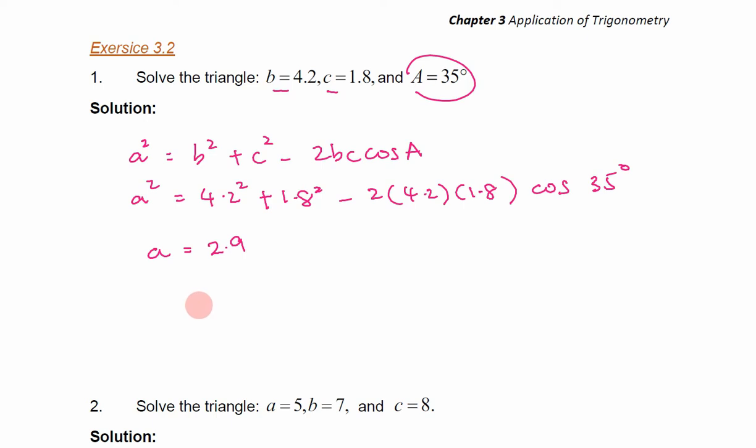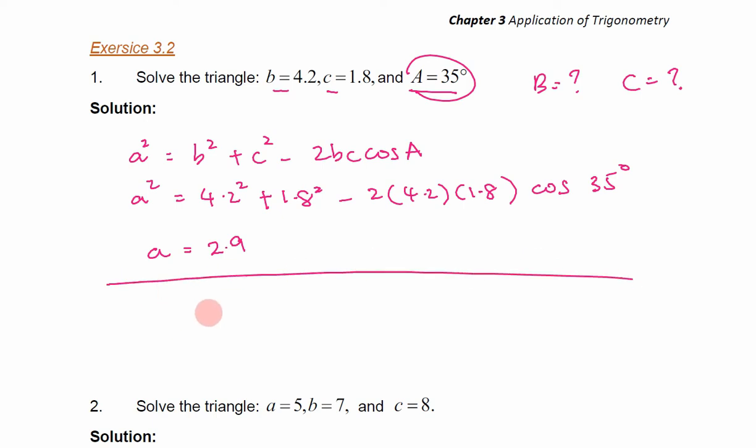We also can find the angle for B and also angle for C. If you want to find angle B, use B squared equals A squared plus C squared minus 2AC cos B. Substitute in the formula and you will get B equal to 125 degrees.